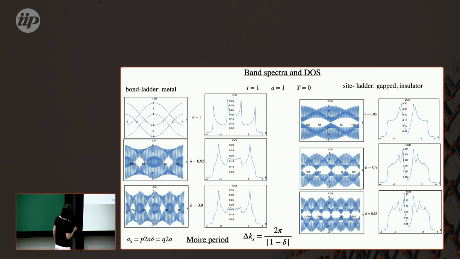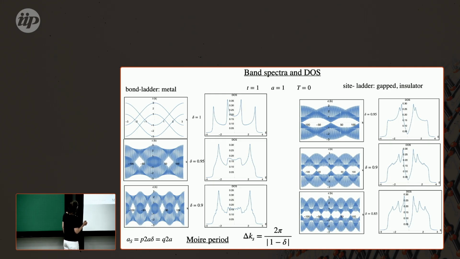So this is what happened for the bond ladder. So delta equal 1, which is the trivial case. So we have the two bands here, the other two there. This is the density of states with the Van Hove singularities due to the top and bottom of the energy, and these are the other two due to these flat bands here and there.